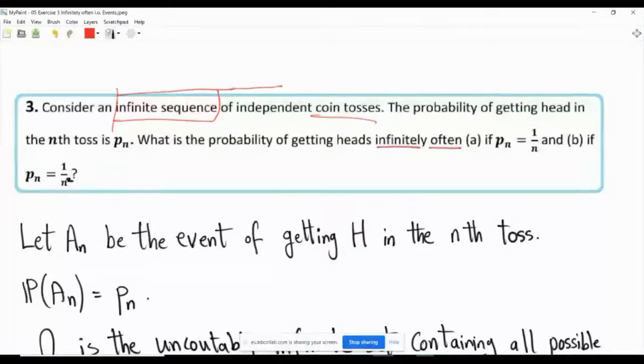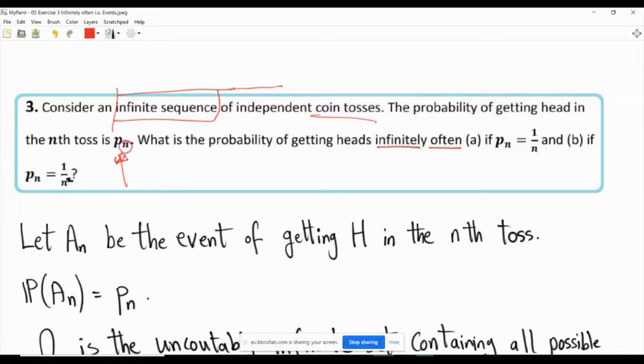So consider an infinite sequence of independent coin tosses, and the probability of getting a head in the nth toss is Pn. So the probability of getting a head is not like 1/2; it may actually depend on the toss. It may be that when you toss for the first time, the probability of getting a head is 1/2, then it's 1/3, then 1/4, then 1/5, and so on, and maybe the probability changes in some other way.